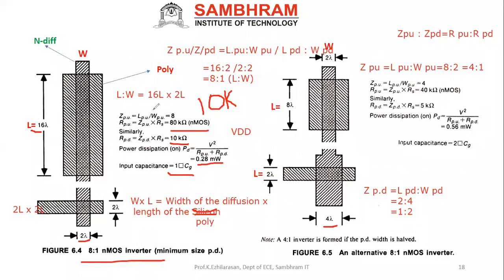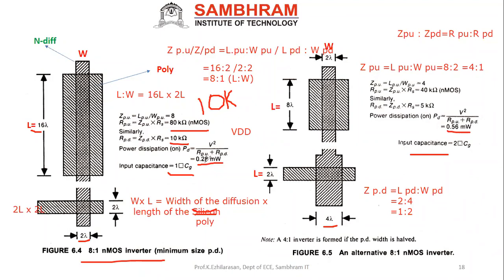Now in the same way as we calculated here, we have to calculate here also. What is the power dissipation you are getting? Same calculation, we get 0.56 milliwatt. The input capacitance, due to the W getting increased, is the standard gate capacitance.